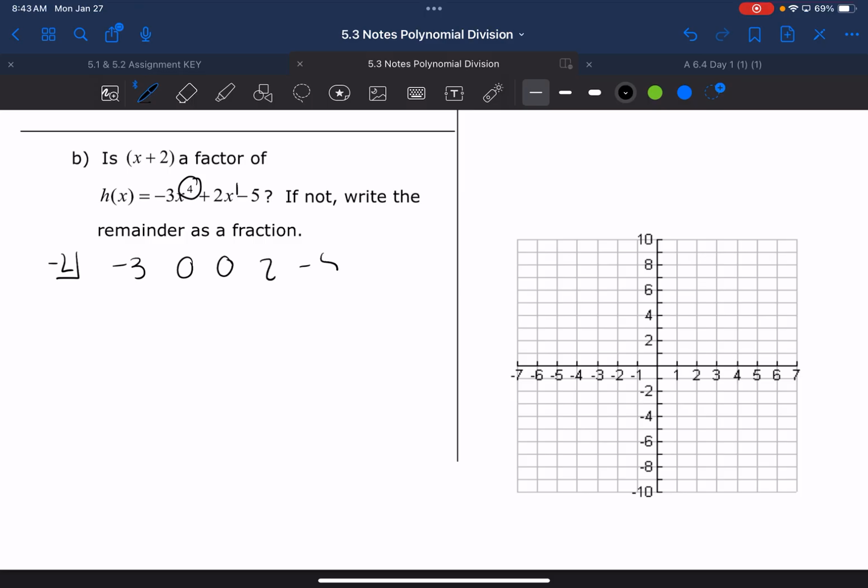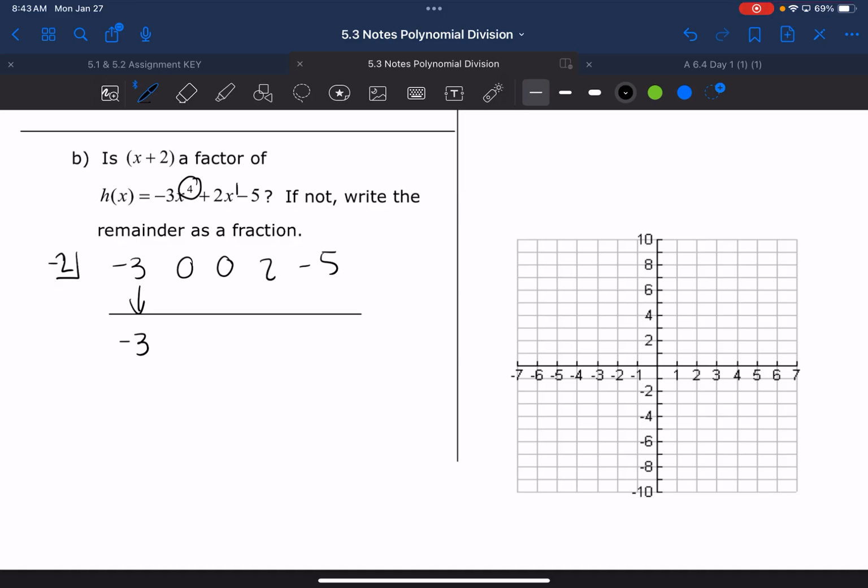Okay, so -3, 0, 0, 2, and -5. Okay. All right, so what do I do first? Right, bring down my first term, okay? So I bring down my -3.